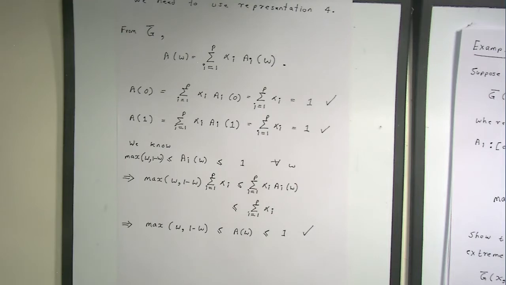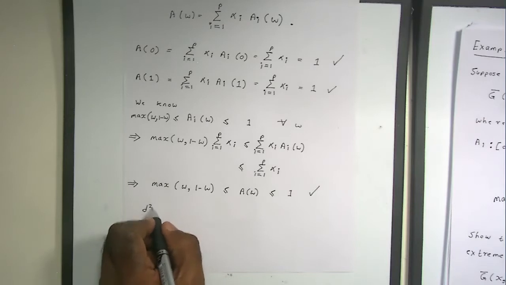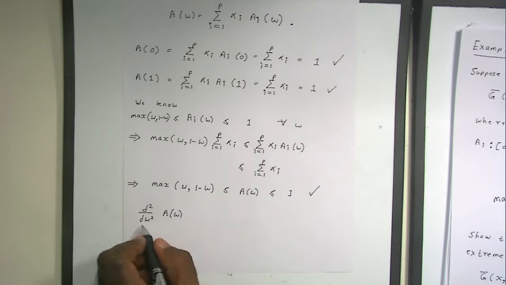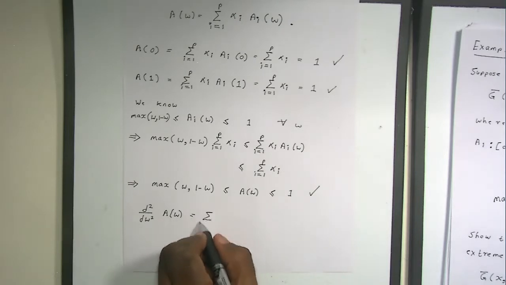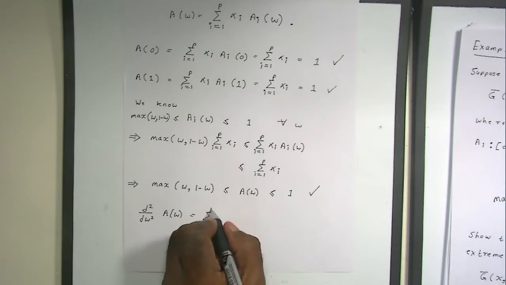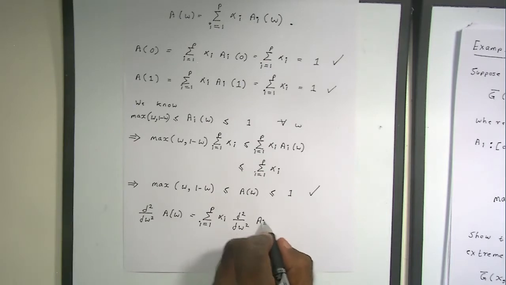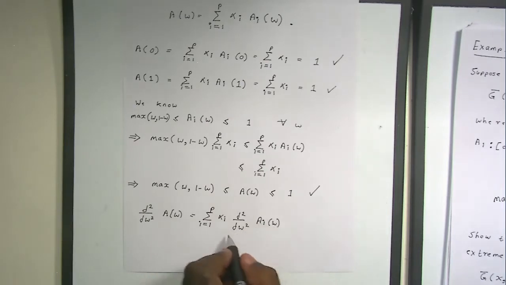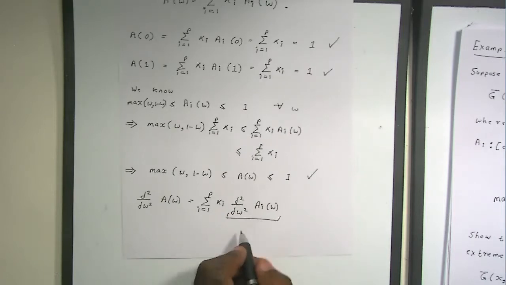That's easy because the second derivative of A is equal to a sum, and because we are told that AI is a convex function, this guy here is positive for all omega.